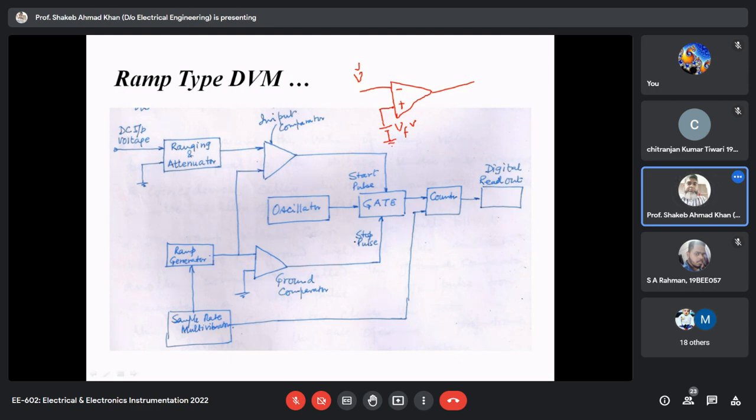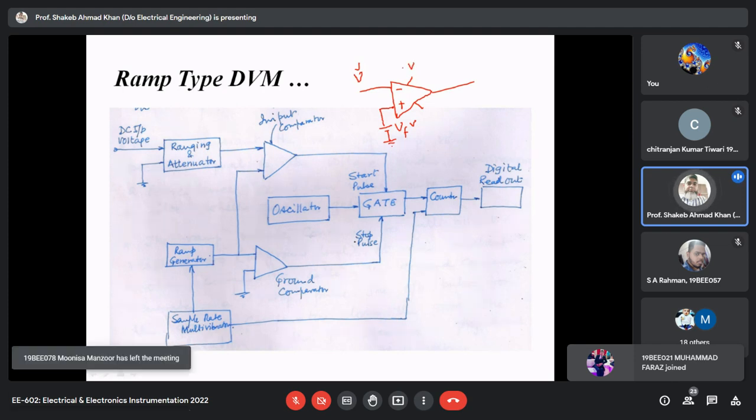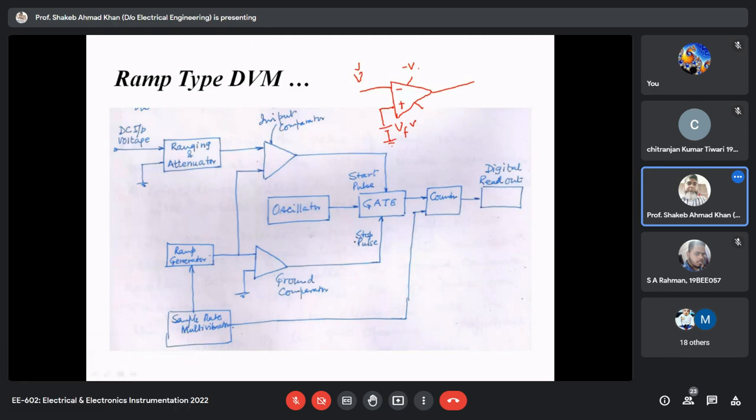In a comparator, or in any operational amplifier, along with this we have bias voltages also, minus VCC and plus VCC.